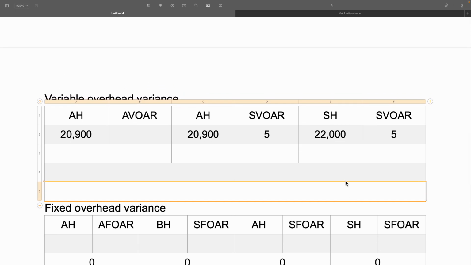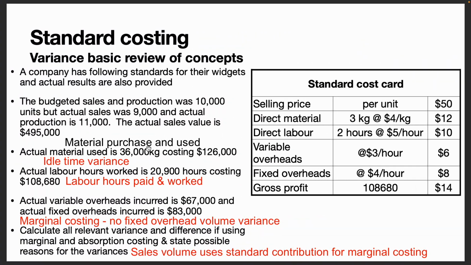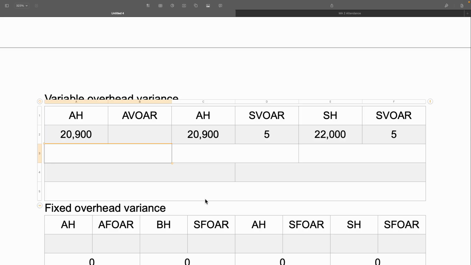Right, the first part you do need to know is variable overheads. Actual variable overhead 67,000, so we'll put that 67,000. Okay, then actual hours 20,900. The rate we are supposed to use is 3. And 3.